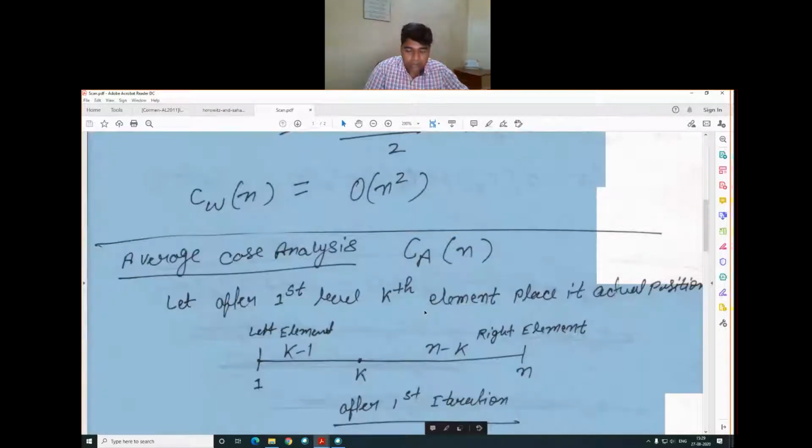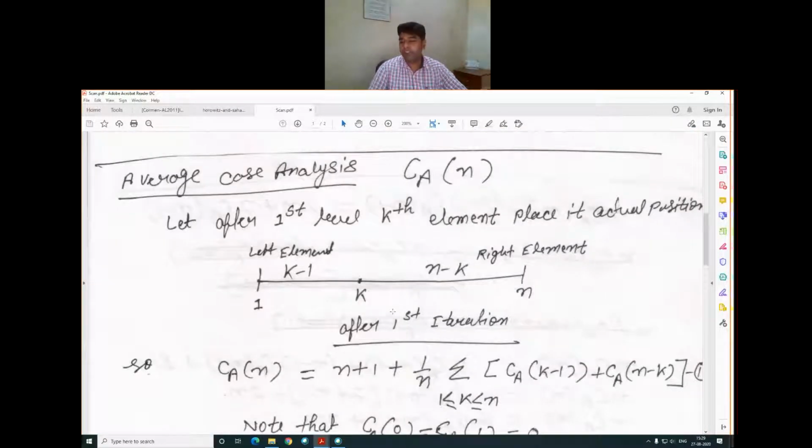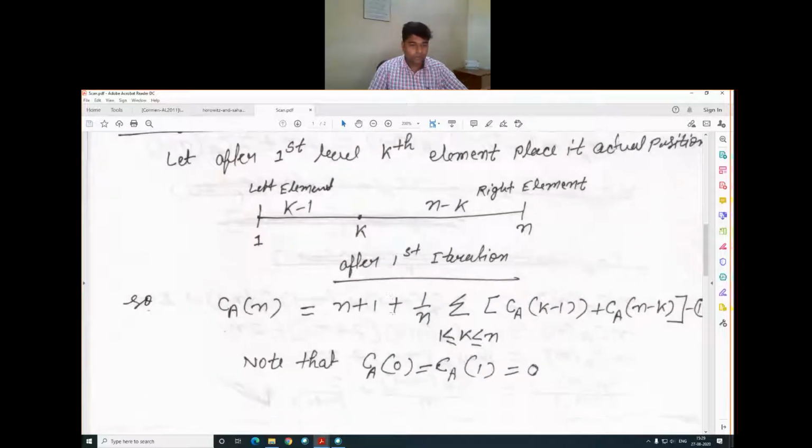Let's take the value of this function, the average case computation of the Quicksort algorithm. After the first iteration, the number of comparisons is n plus 1 on average.